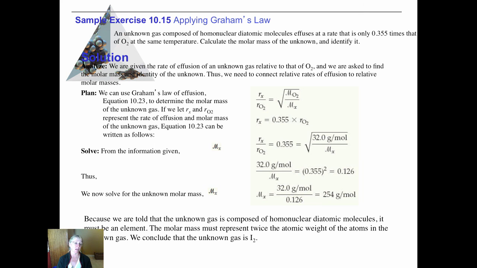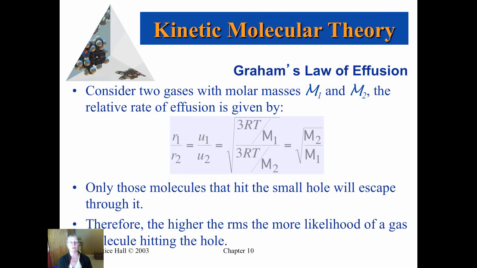And one of those isotopes is the form that's necessary to build a critical mass for a nuclear bomb. So I would strongly recommend that you look up the section about gas centrifuges, and we'll discuss that a little bit tomorrow in class. So that's the application of Graham's law.